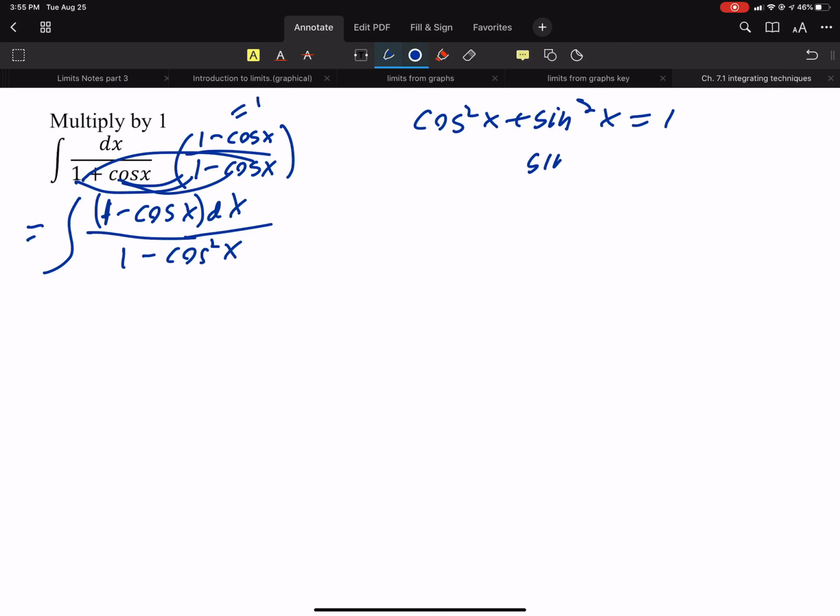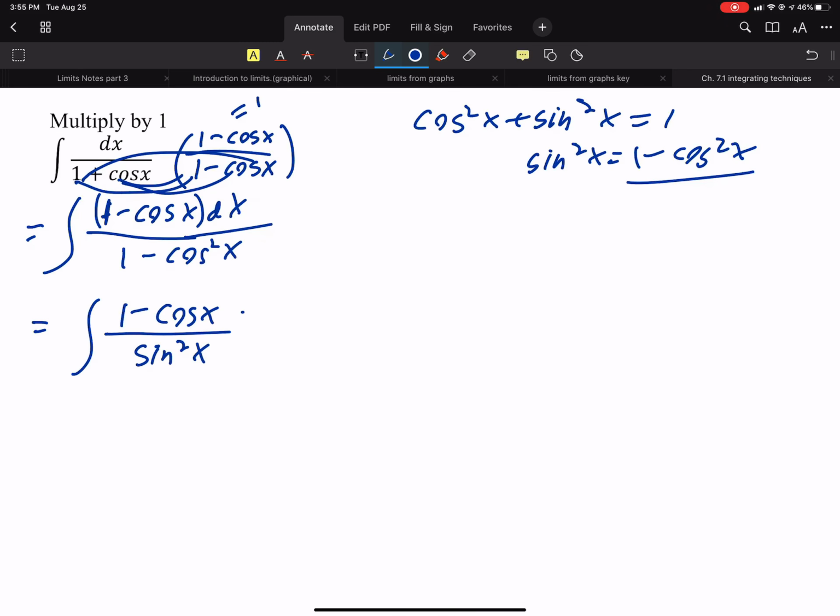So therefore, sine squared x equals 1 minus cos squared x. So the bottom just becomes sine squared x. And the top is 1 minus cos x.